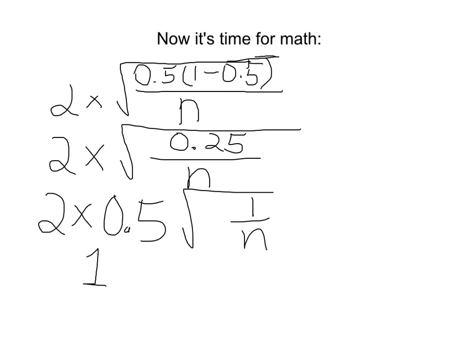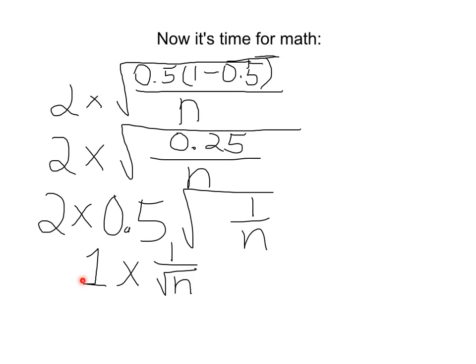And we can simplify this part over here a little bit too. The square root of 1 is 1, so we can just take this square root and put it only over this n. I'm sure most of you have seen it by now.